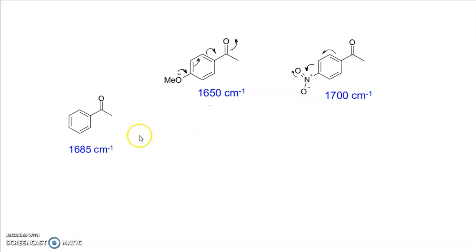Let's take another example of acetophenone, which gives a CO stretching frequency of 1685 cm inverse.